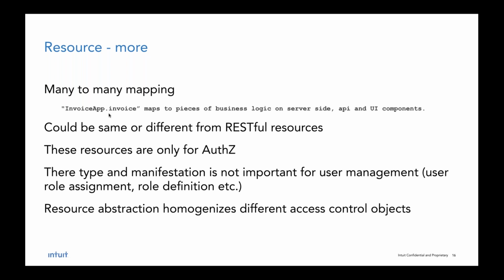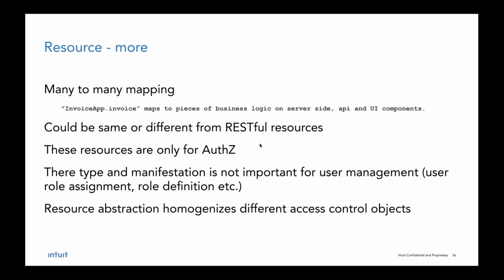For example, you might say that I have a resource called invoice, which translates into a few Java methods, which also translates into a widget that gets shown on a particular screen, and some API, and all that can be clubbed inside a resource called, for example, invoice, and you might name it like that. So we need some way of grouping the resources before the resources are available to be mapped to roles.